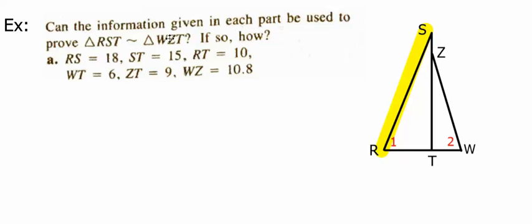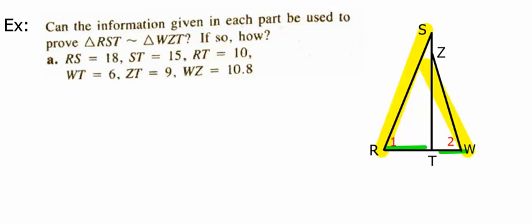So the corresponding sides would be RS and WZ. And then we would have RT and WT lining up with one another.